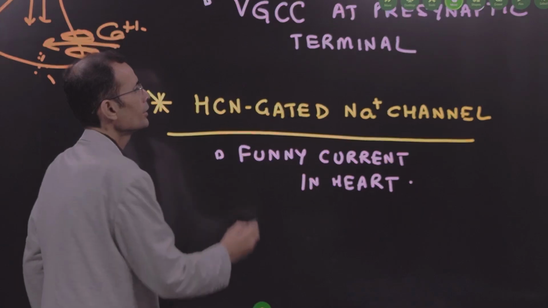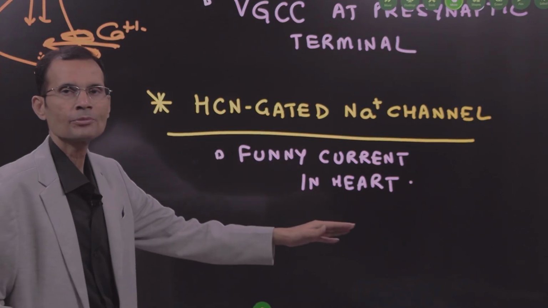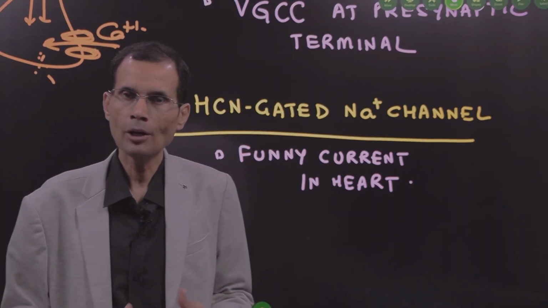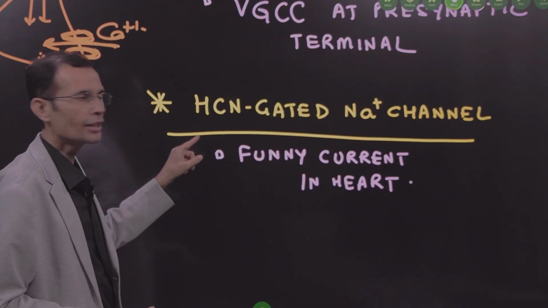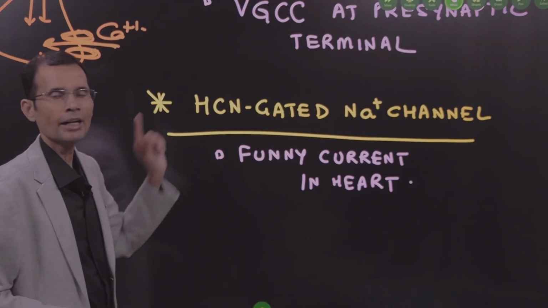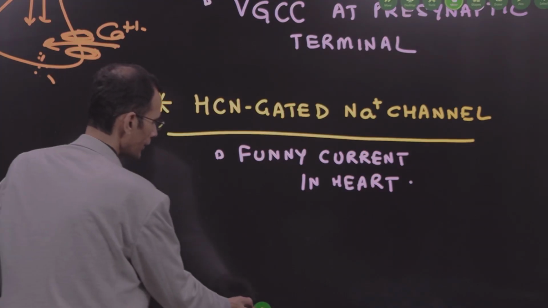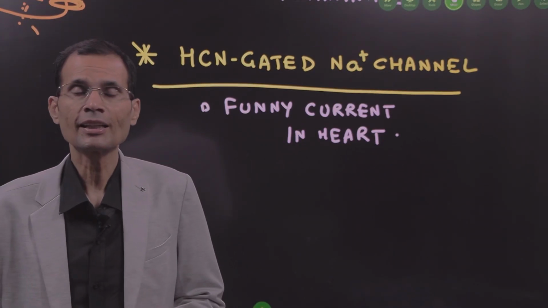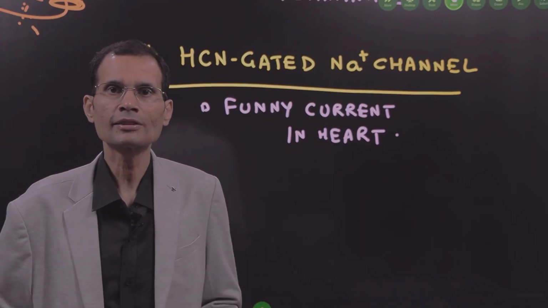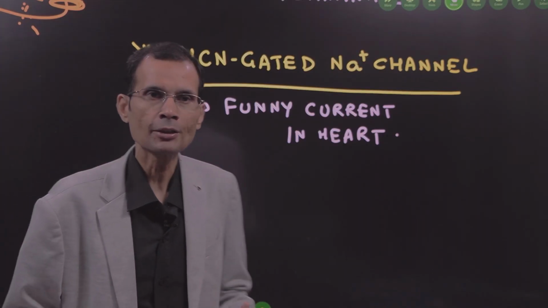And then the last one was the HCN gated sodium channel. You must have heard about this channel already. Hyperpolarization activated cyclic nucleotide gated, HCN gated sodium channel. Well, this is found in the heart, in the SA nodal cells, and this is partly responsible for the pacemaker current.